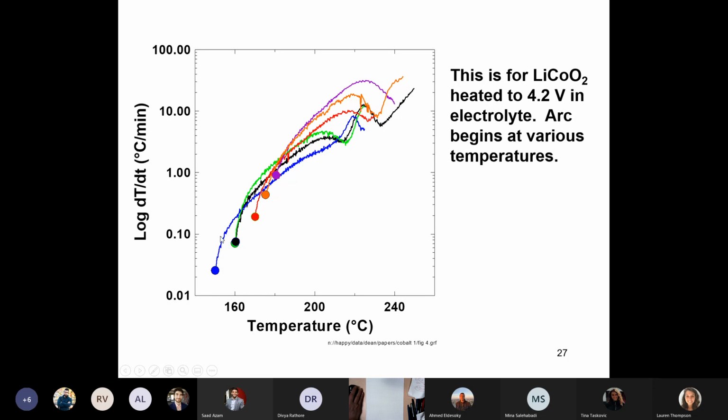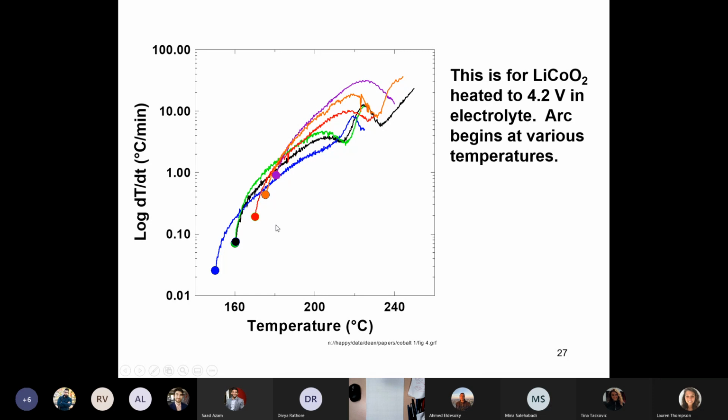And this blue data is for the experiment that was on the previous slide in black. And what are these other curves? Well, these are curves that were measured where the accelerating rate calorimeter was directly forced to 160 degrees C, to 170 degrees C, to some other temperature, 175 maybe, and 180 degrees C.